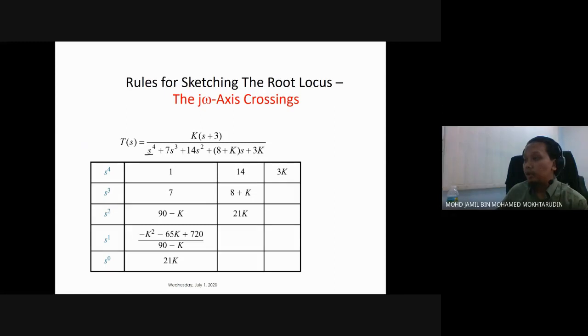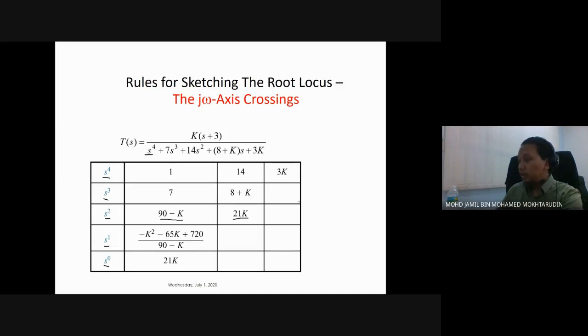You start with s power of 4, followed by s cubed, and then you fill the two top rows alternatingly: 1, 7, 14, 8 plus k, 3k. And then you find s squared using determinant, so you get 90 minus k, and here 21k. Same for s power of 1 and s power of 0. So you use determinant.